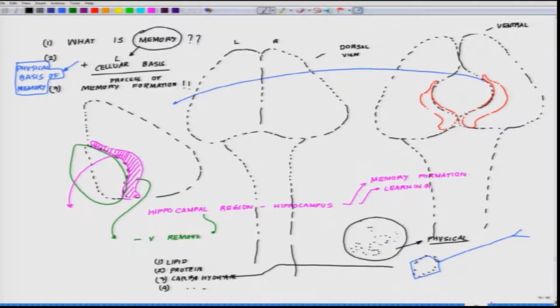And not only that, whatever changes are happening there have to persist 70 to 80 years. So, it means the molecule which sees this change has to retain that change for the next 70 to 80 years.